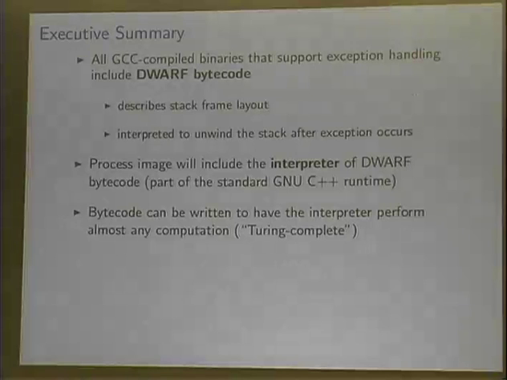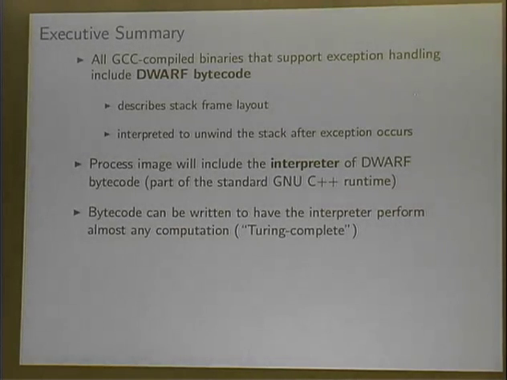The discovery was that all GCC compiled binaries, whether C or C++, if they include something that throws an exception, include this dwarf bytecode these days. This bytecode describes the stack frame layout for when you unwind the stack when an exception happens.